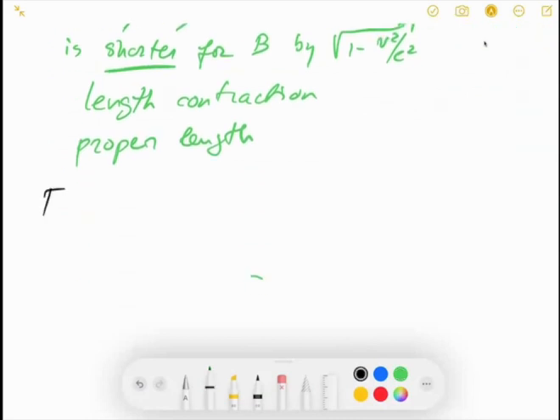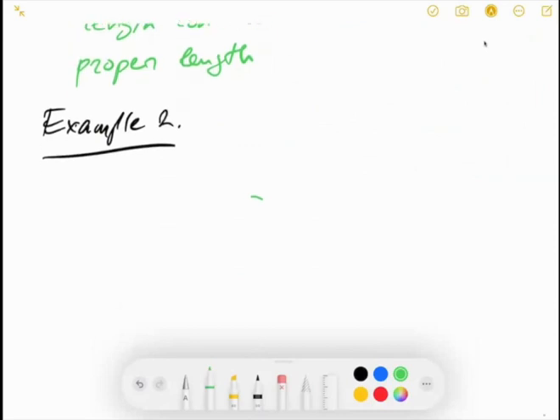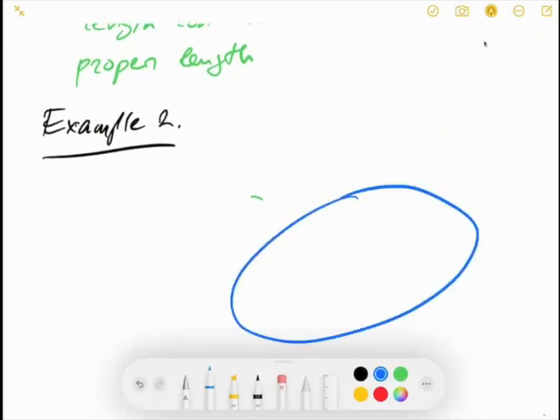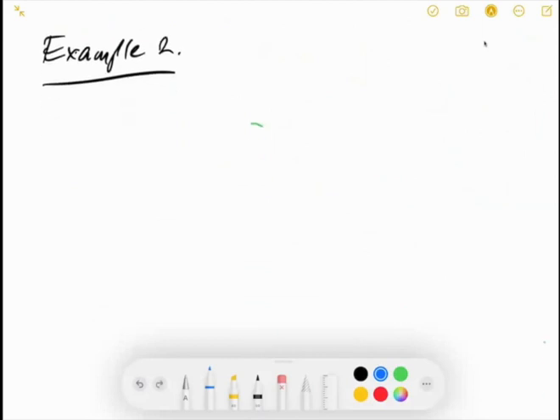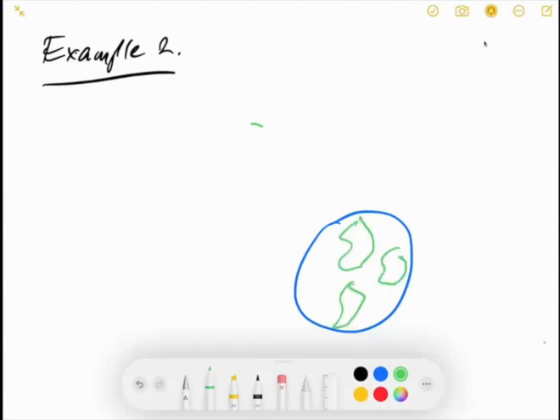So another example. This is a famous example. So again, we've got Earth, well, it's actually not as elliptical. So it's Earth, and now we have continents. And we are constantly being bombarded with high energy radiation. As part of that process, there are muons being generated.